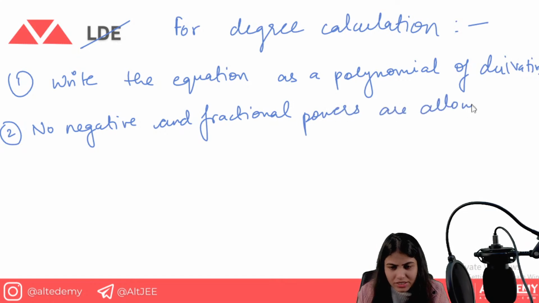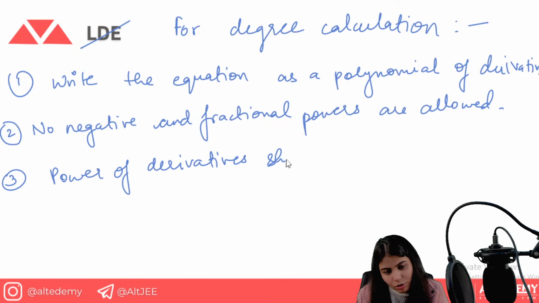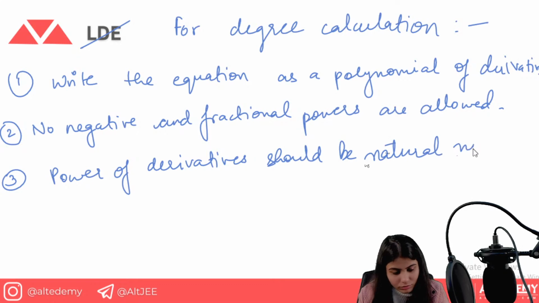Whenever you face such a thing, you can write that the degree is not defined here. The powers of derivatives should be natural numbers. If it is negative, then you don't have to calculate the degree. I hope you know natural numbers, that is 1, 2, 3 to n.